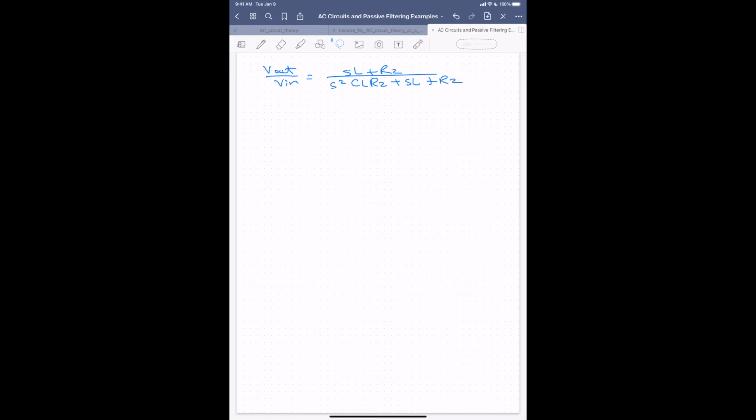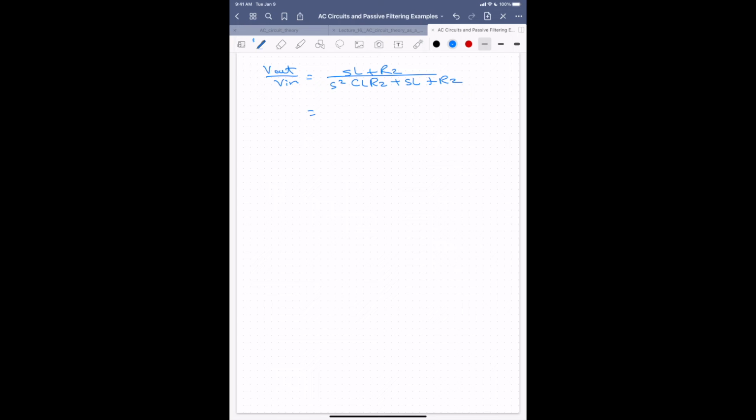Now that we have written the transfer function V out over Vn, we can plug in values corresponding to our circuit elements. Remember, L is equal to 150 millihenries.